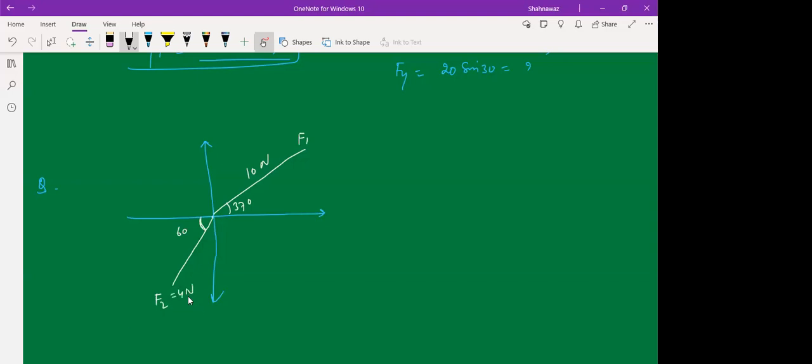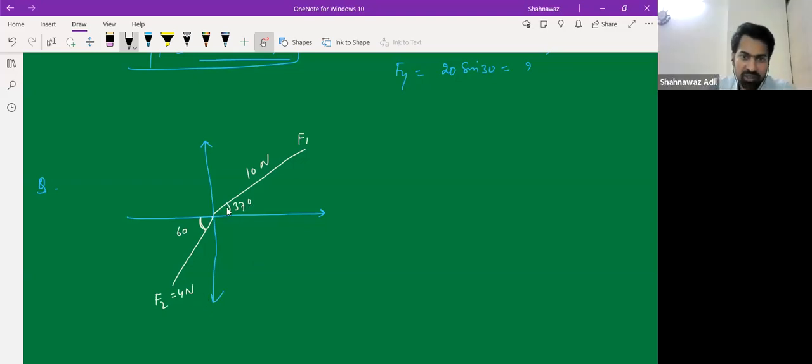There is a peculiar property of this 37, right? So sine 37 is 3 by 5, and cos 37 is 4 by 5.